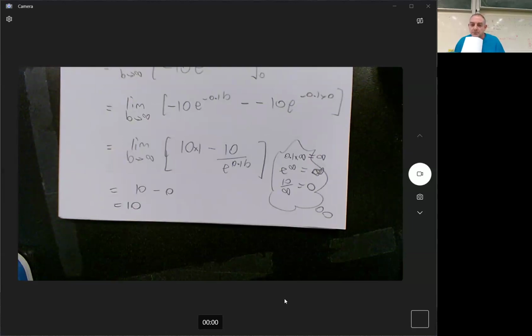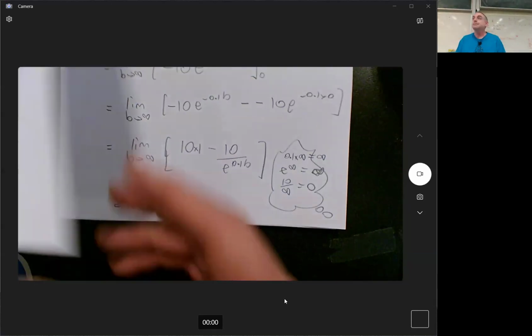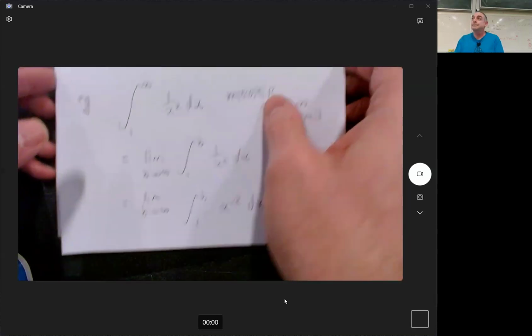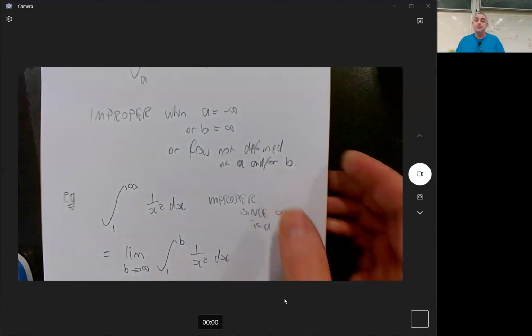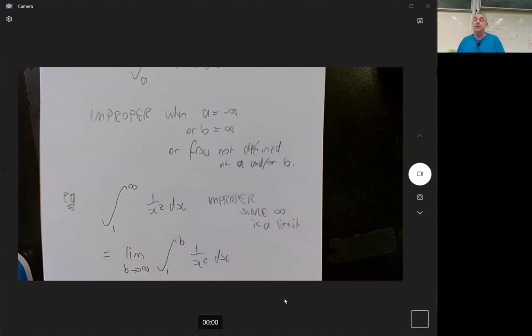Right. How are we feeling about improper integrals? Oh, yes, it would be improper if at some point between a and b it's undefined, and you would have to split it into 2 separate integrals.